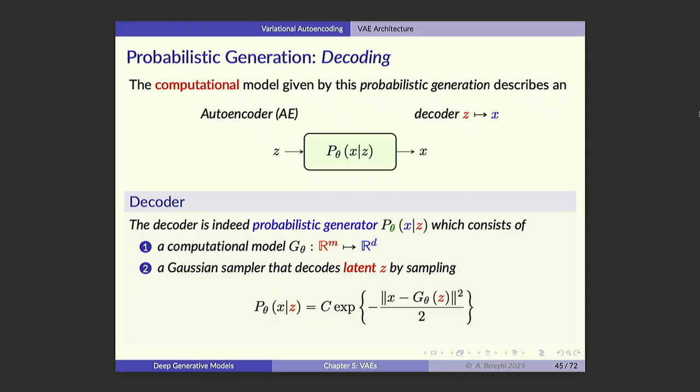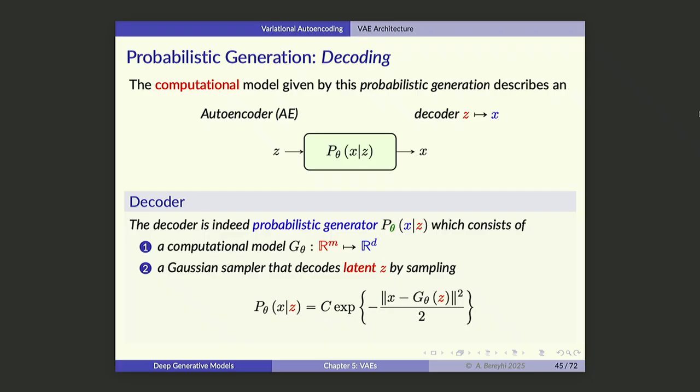This is the decoder. And the decoder simply consists of one neural network, one deep model G theta, which gets Z, one latent sample in the m-dimensional space, and returns one value. That value is essentially the mean value of the distribution that you want, right?